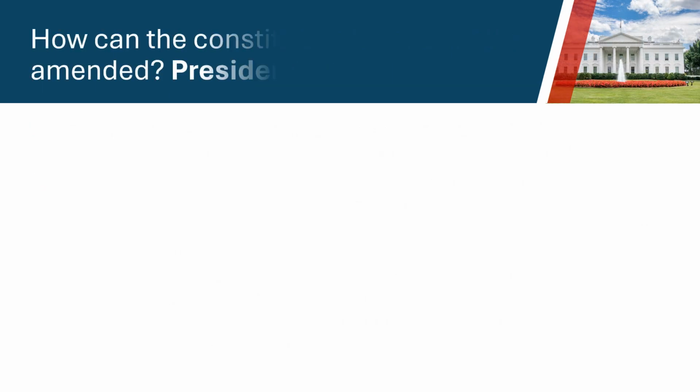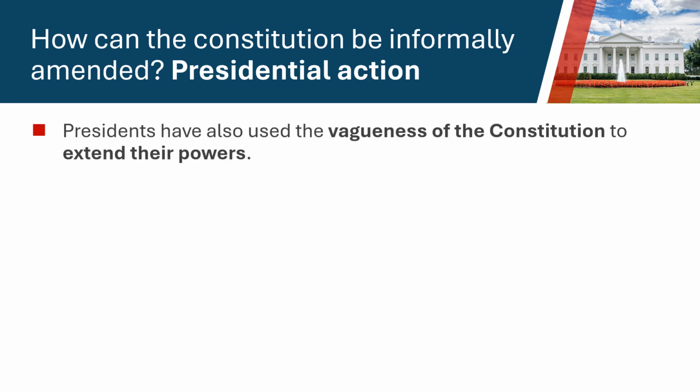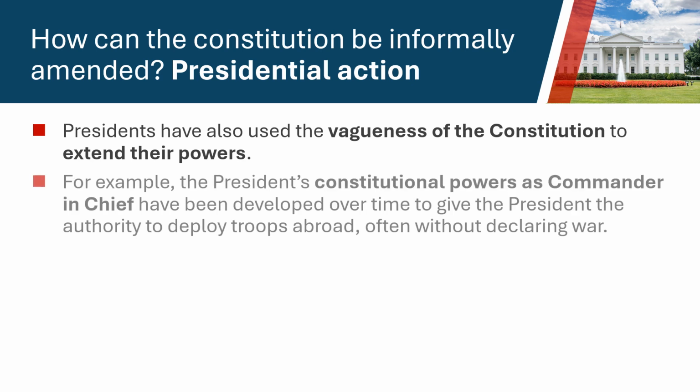Presidential action is a second means of informally amending the Constitution. Similarly to Congress, presidents have used the vagueness of the Constitution to extend their powers beyond those originally enumerated in the Constitution. A good example are the president's constitutional powers as commander-in-chief.